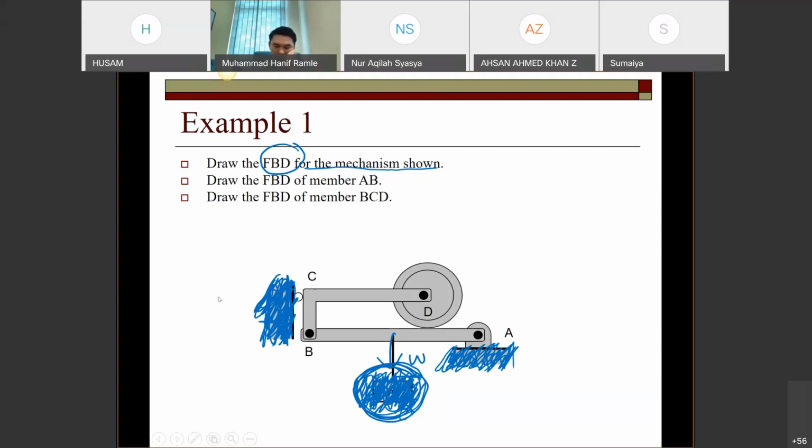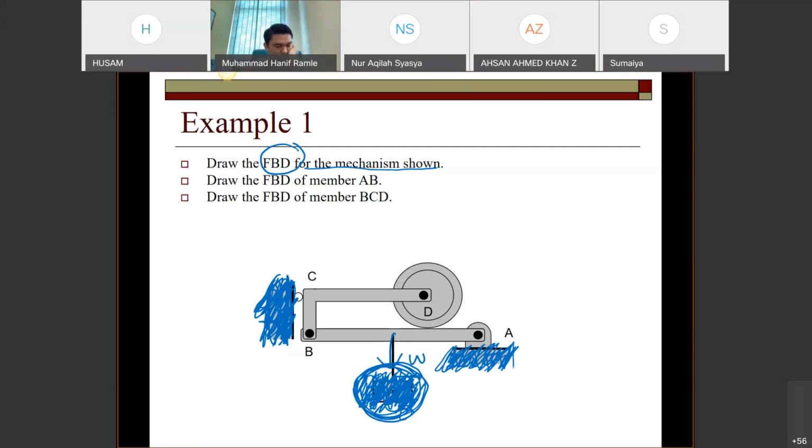So how many reactions for this mechanism? Can someone tell me? How many reactions acting on this mechanism? Doctor, at D there's a moment.